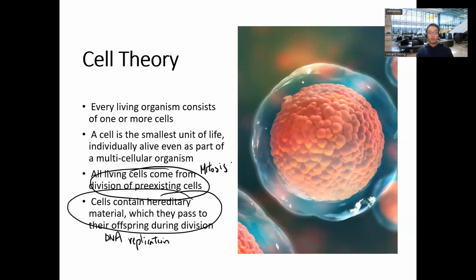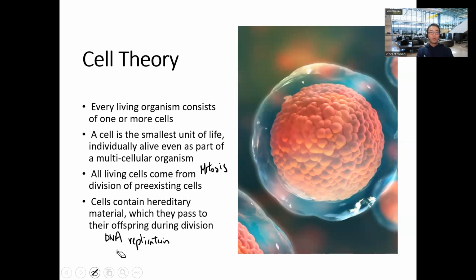The cell division part is called mitosis, and that's what we'll be talking about. But it's important to remember DNA replication occurs before mitosis. You cannot divide your cell before you copy all your genetic material. So this must happen first, followed by mitosis.